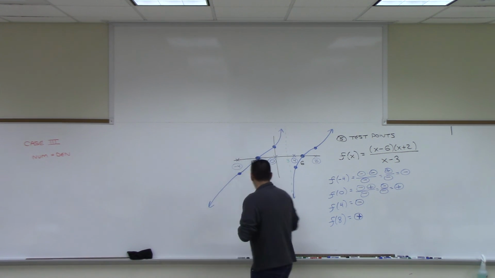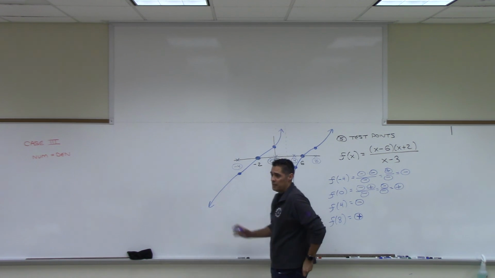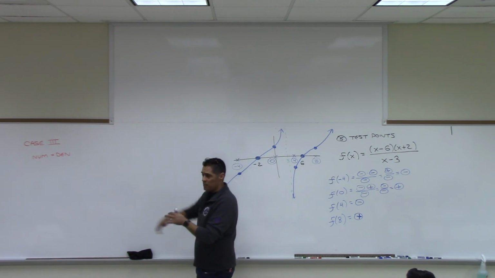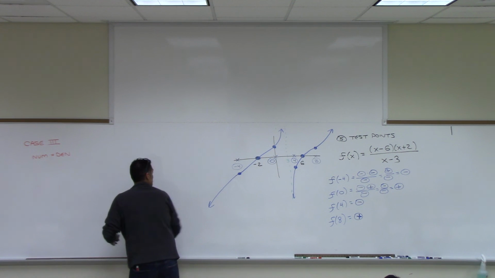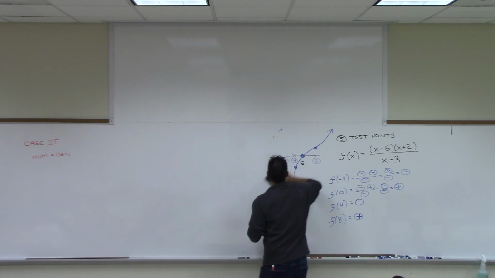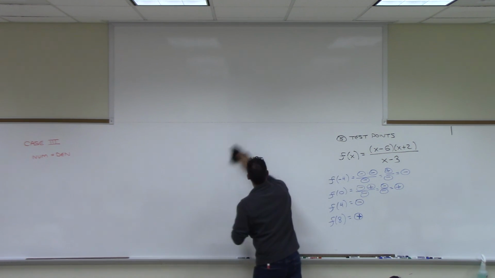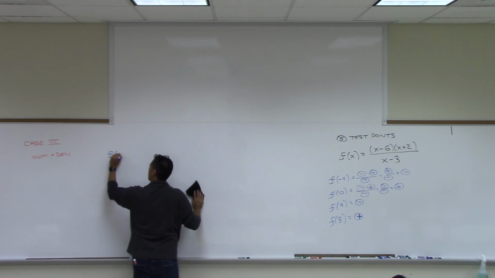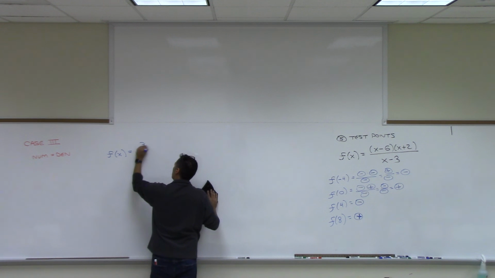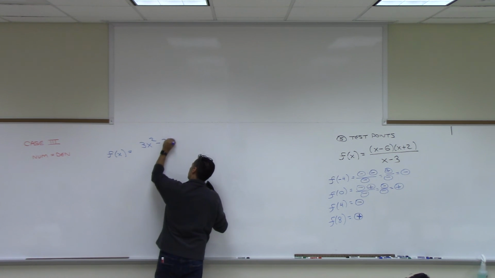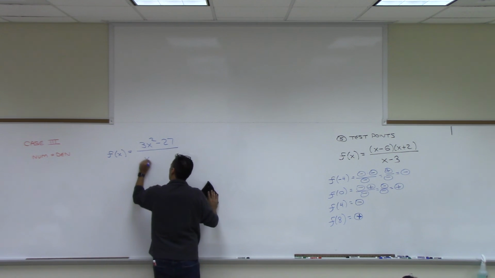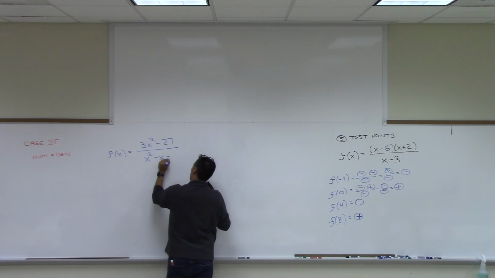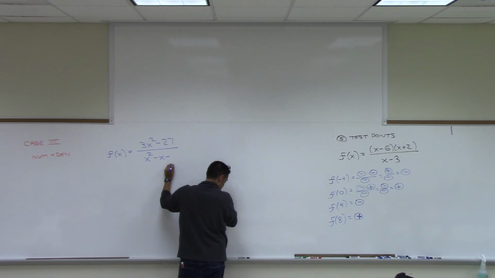I'm going to give you a few examples of this, all right? Before we even tell you what happens, I'm going to show you a few examples of what it would be to have a function where the degree of the numerator and denominator are the same. So here's one example. What if we had 3x squared minus 27 over x squared minus x minus 30?